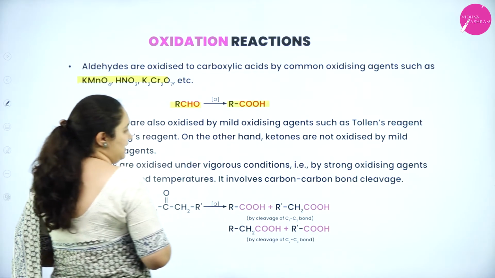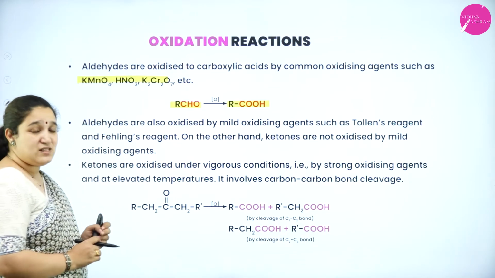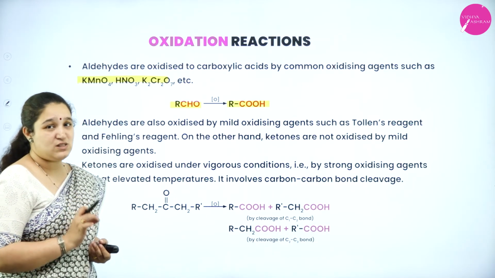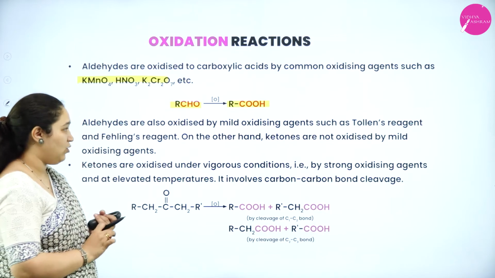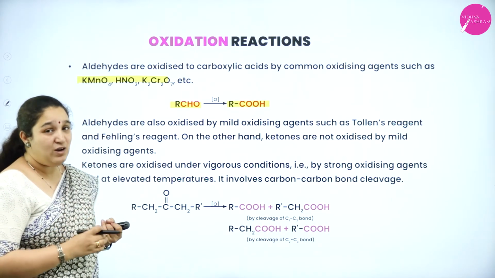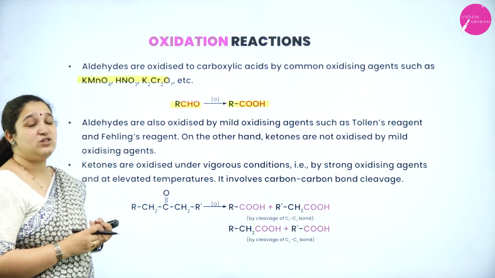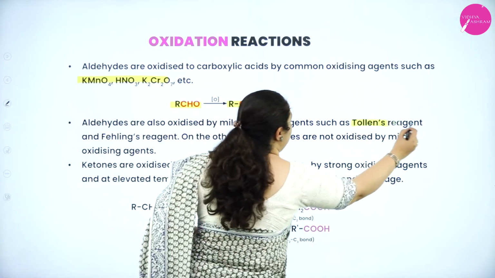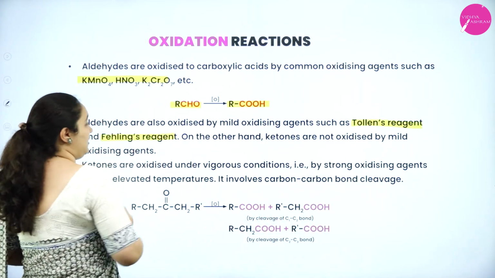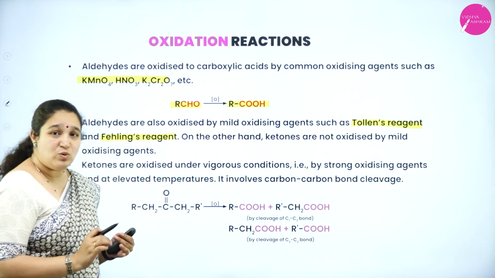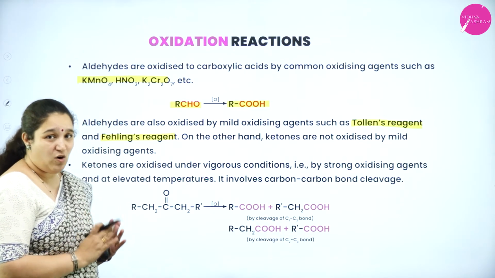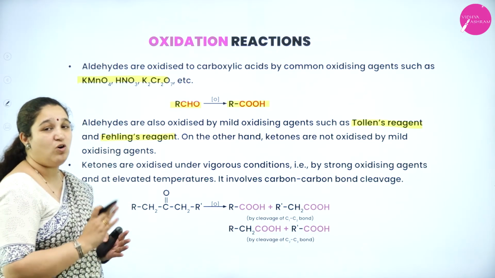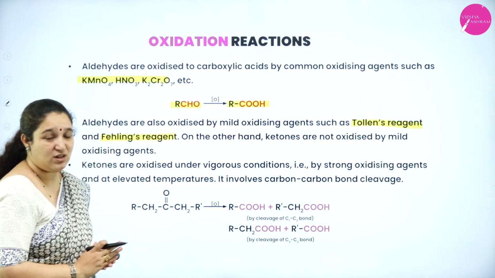We get carboxylic acids. Aldehydes, when you use mild oxidizing agents like Tollens reagent or Fehling's reagent, will also get oxidized. But ketones will not get oxidized in the presence of a mild oxidizing agent.